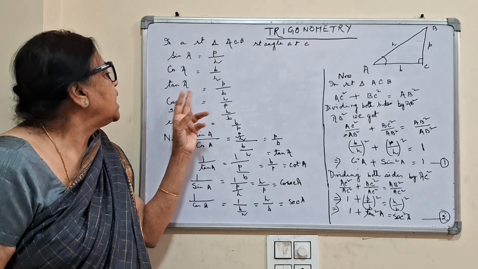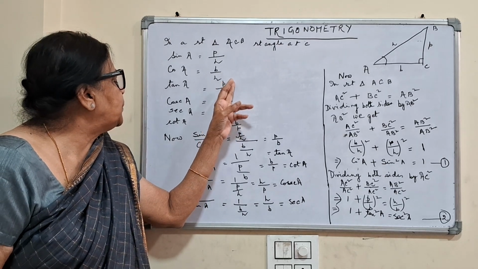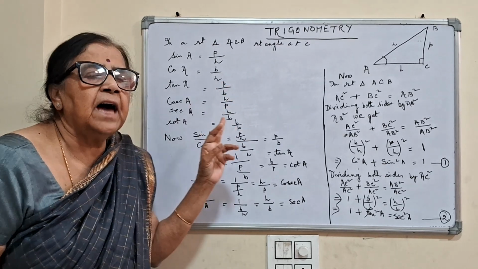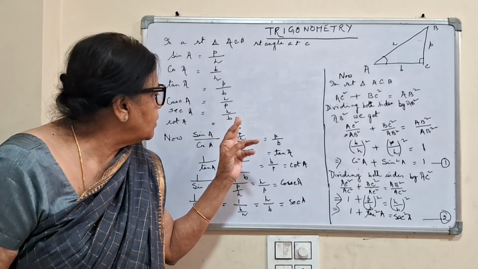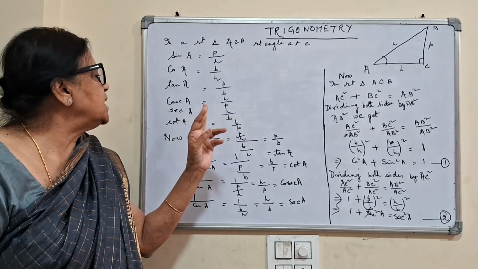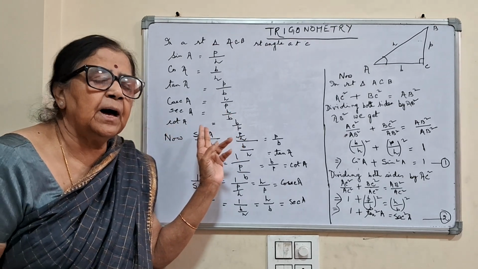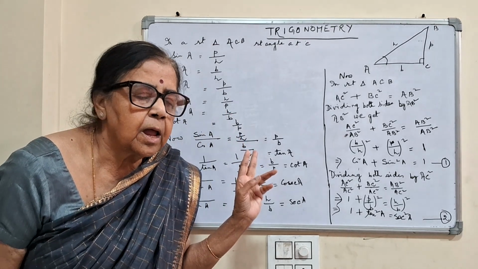Then tan A is equal to perpendicular by base. Cosec A is hypotenuse by perpendicular. And sec A is hypotenuse by base. And cot A is base upon perpendicular.